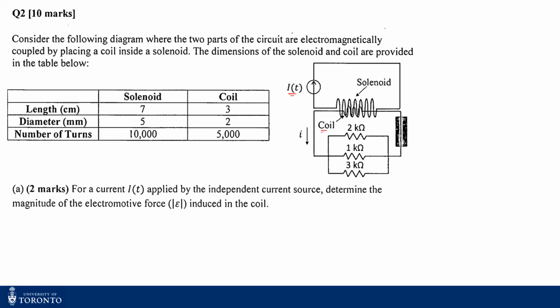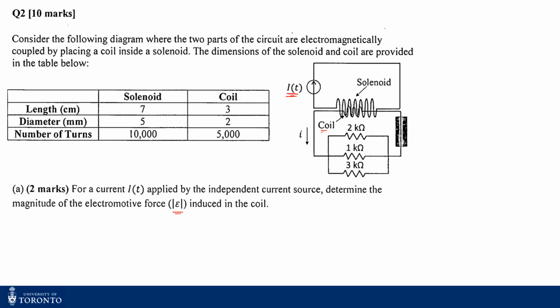The dimensions and the number of turns are given in the table that you can see. Now you have to find the magnitude of the electromotive force, or the induced EMF, in the smaller coil because of the magnetic field generated by the current IT that's flowing in the solenoid. Now, if there is a current IT flowing through the solenoid, right?